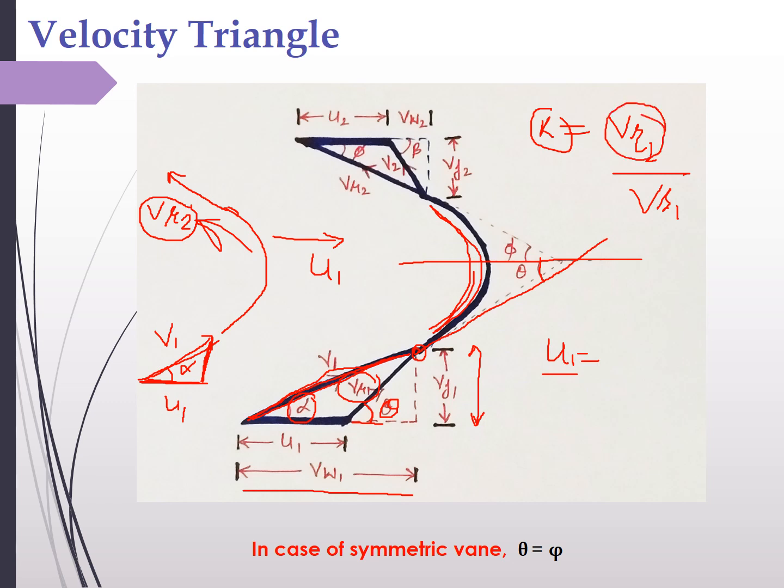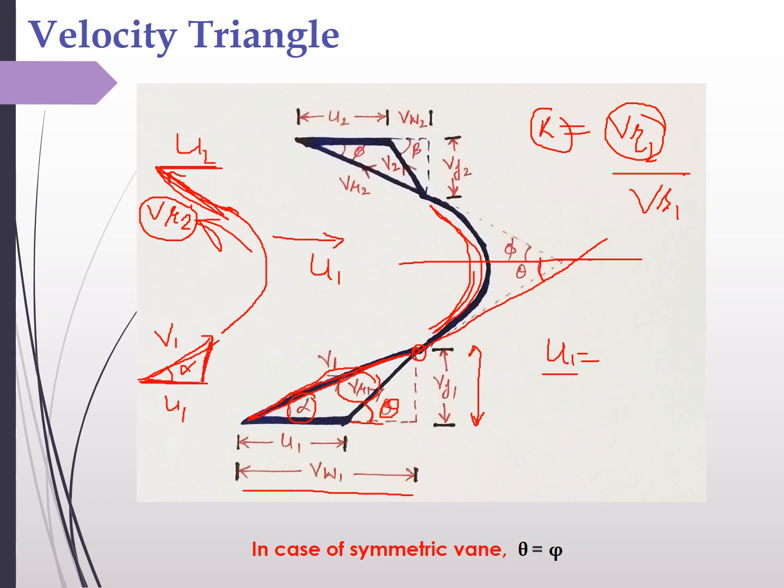So we'll draw this component Vr2 with whatever magnitude it has, and we also note that u2 is equal to pi D m by 60, as u1 was calculated. So we will find out u2, and since the direction of u2 is known to us, we will plot u2 like this.